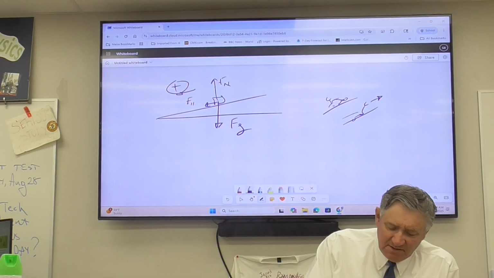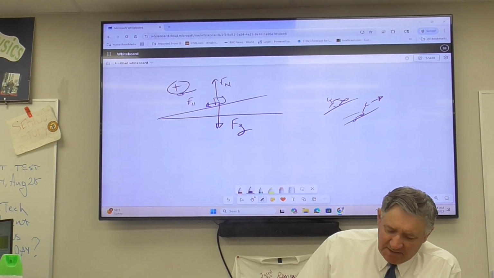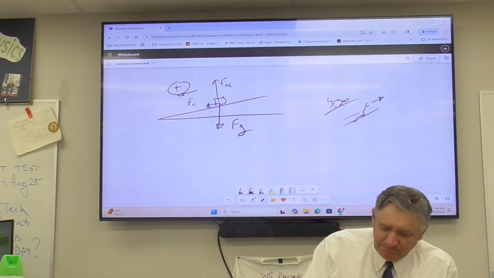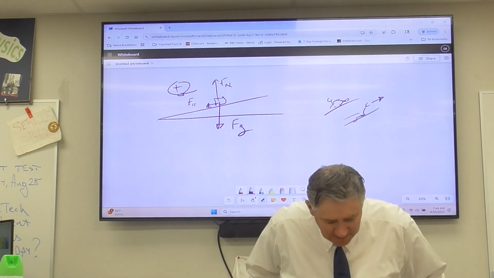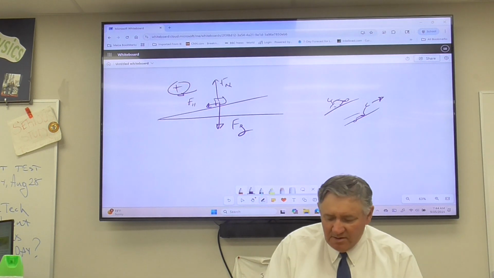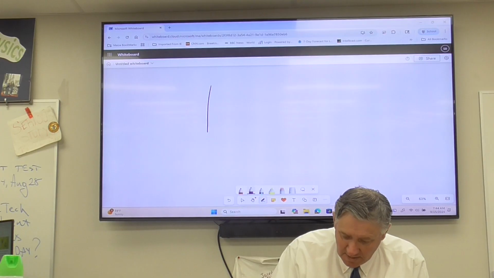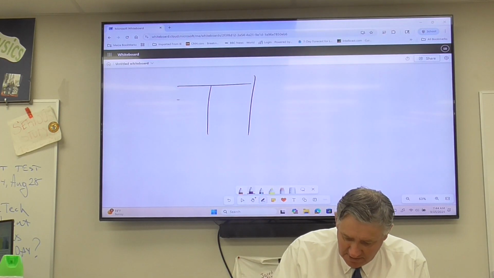Now, where it gets a little sketchy is when you get into something like, for example, number 10. At number 10 and 11, you have all of these things in play. What I would recommend, not mandatory, is that you set up a chart.